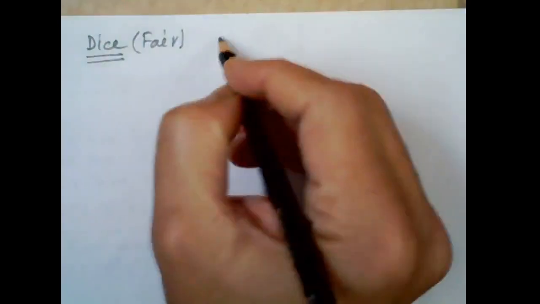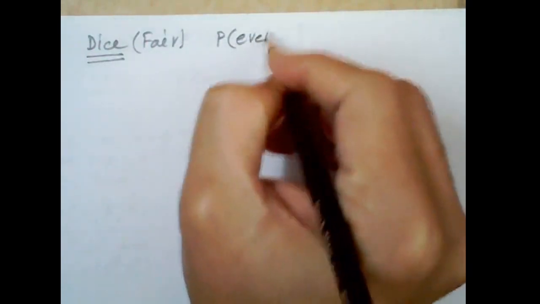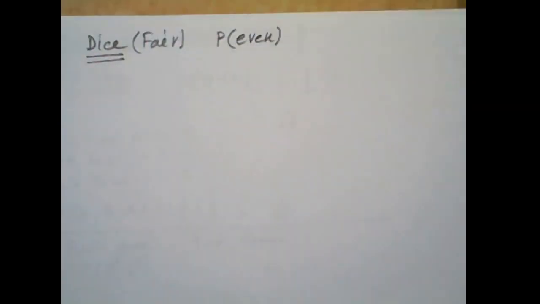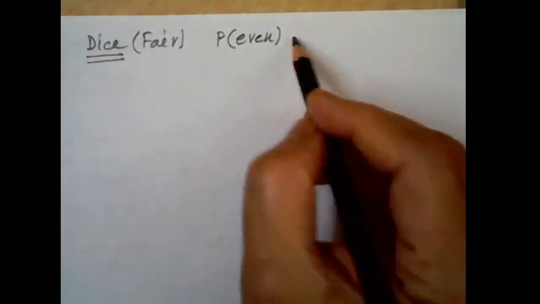Okay, now we are going to answer questions related to two different events. First, let us answer the question: what is the probability of getting an even number? Well, you don't really have to do much calculation here.